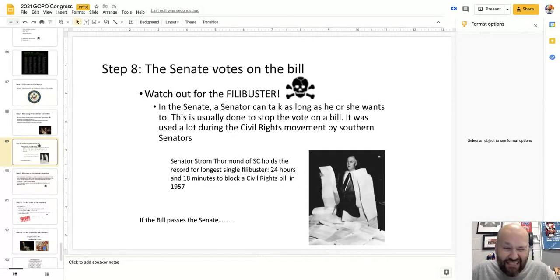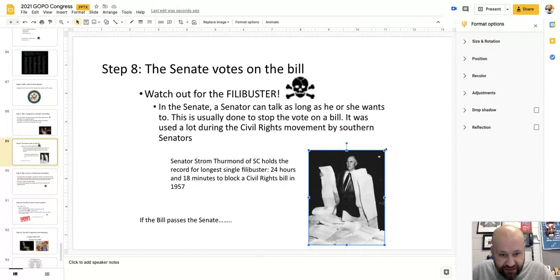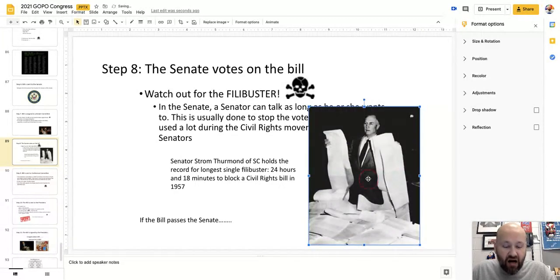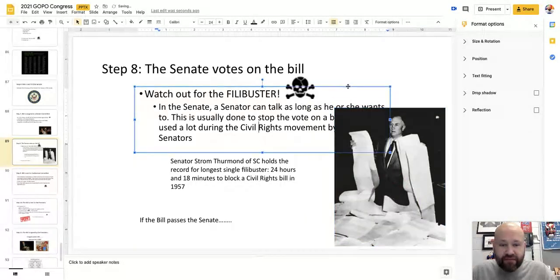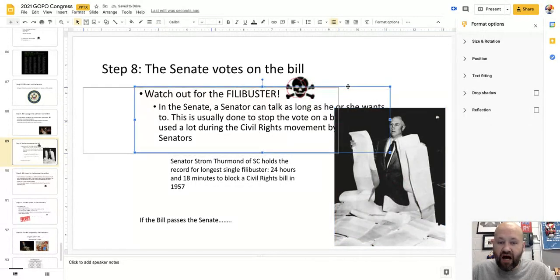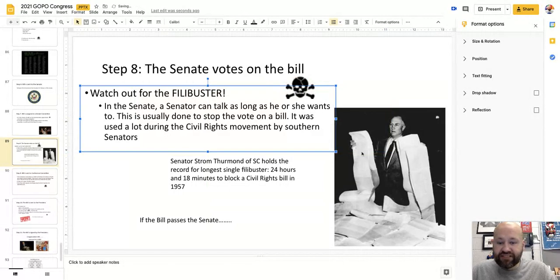We should have had a Civil Rights Act in 1957, but your boy here, noted racist Strom Thurmond, is going to do probably the most famous filibuster in history, which is he just reads the Bible. And in reading the Bible for 24 hours and 18 minutes, he blocks the Civil Rights Act of 1957.